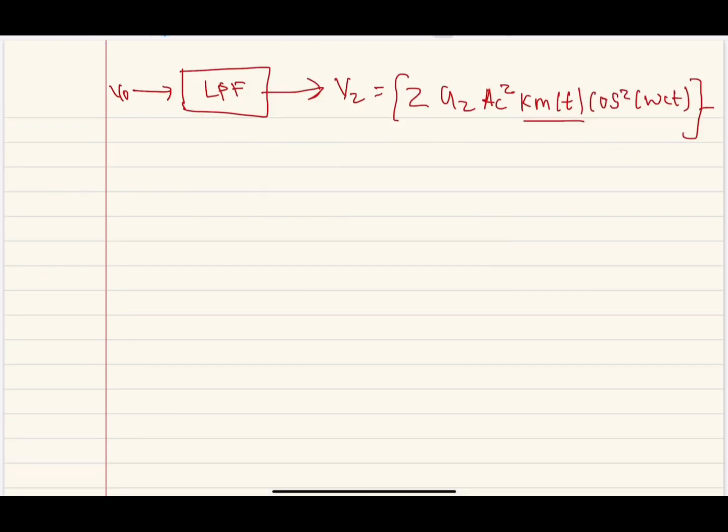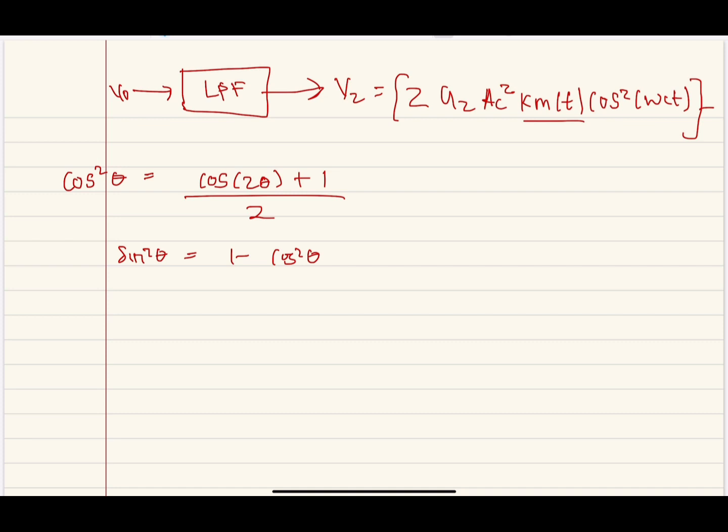So having this one, we can use the trigonometric identity cos squared theta equal to (cos 2 theta plus 1) over 2. This came from the fact that sine squared theta plus cos squared theta equal to 1, so sine squared theta equals 1 minus cos squared theta.